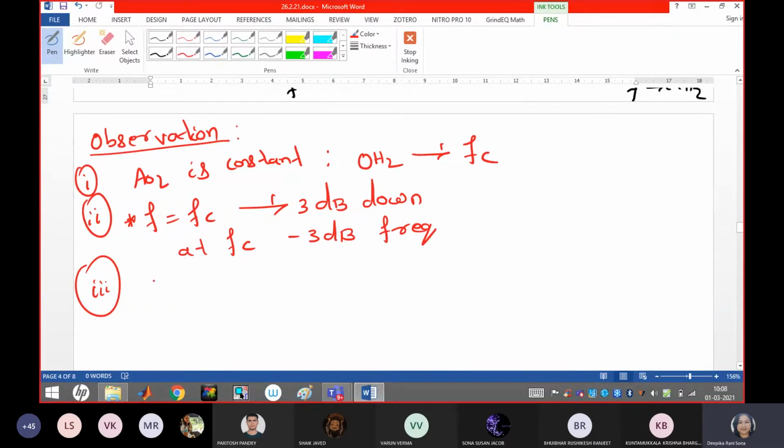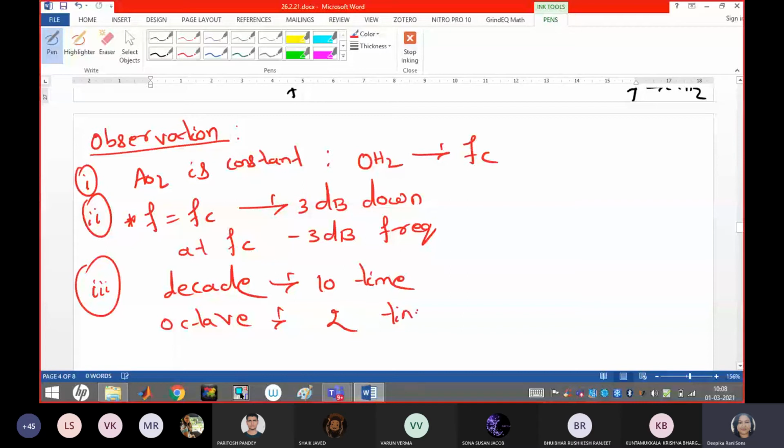Here decade means a 10 times change in frequency, and octave means a 2 times change in frequency. The slope gives us minus 20 dB per decade or minus 6 dB per octave. So these are the observations we have noticed from the graph.